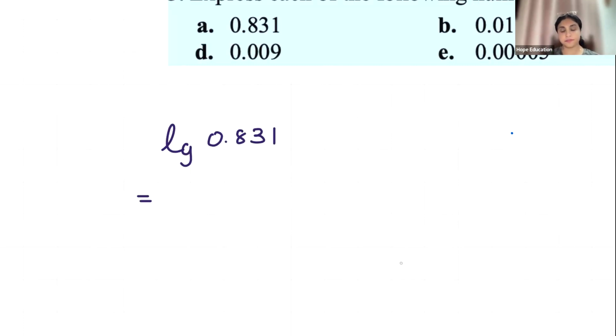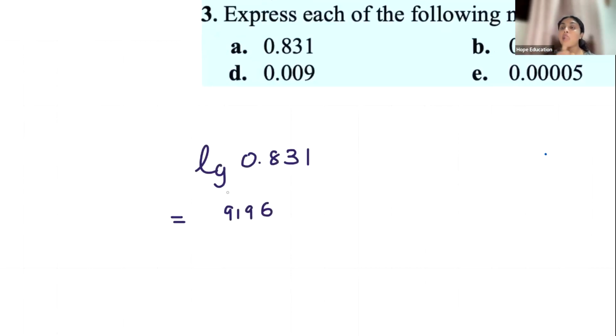9191. Others? 9196. It should be 9196. Check again. 9196. This is the mantissa.